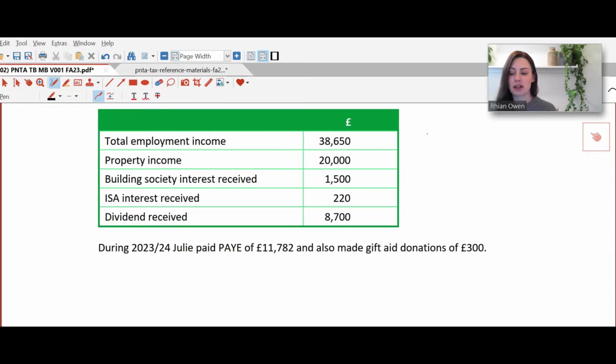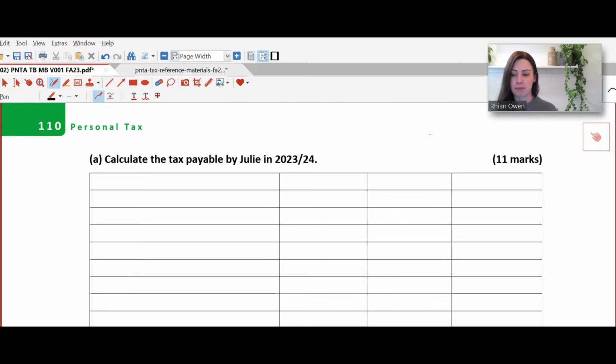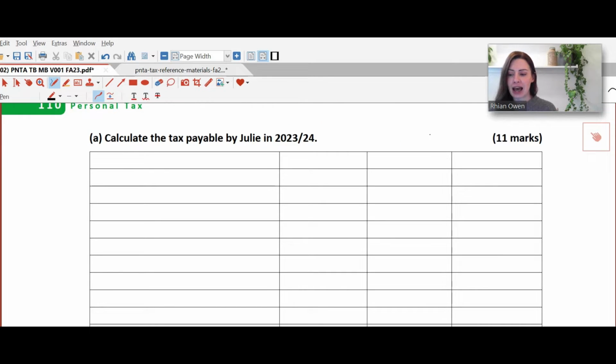During 23-24, Julie paid pay-as-you-earn of £11,782 and also made gift aid donations of £300. And then the task says to calculate the tax payable by Julie in 23-24.